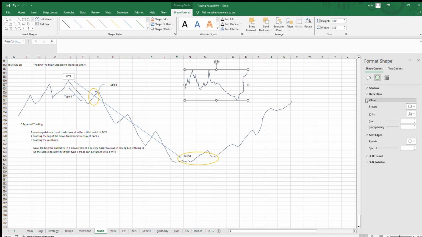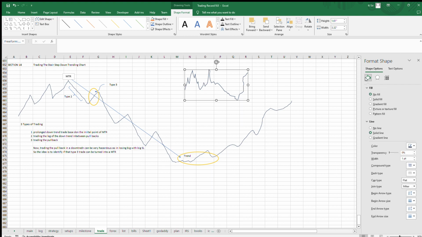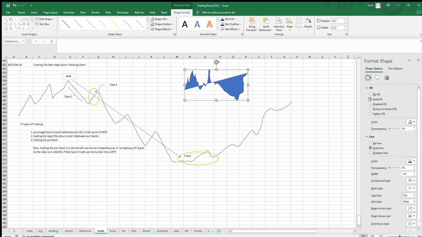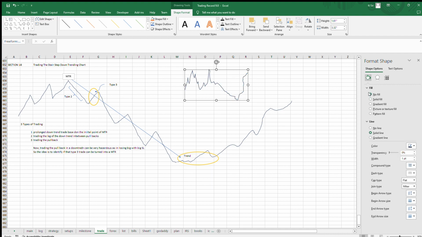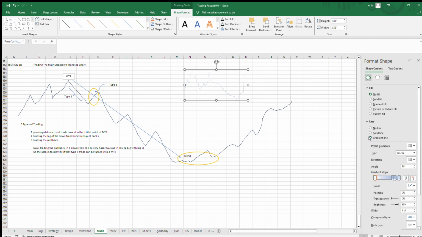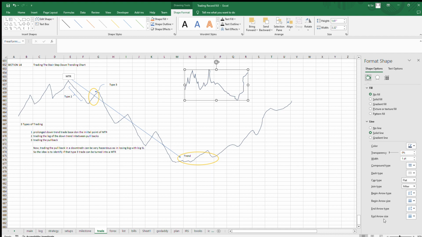I want shadow, reflection, or glow. Format, rotation, no fill. What is this? Oh, no fill. Oh, that's not what I want. Joint type, miter.